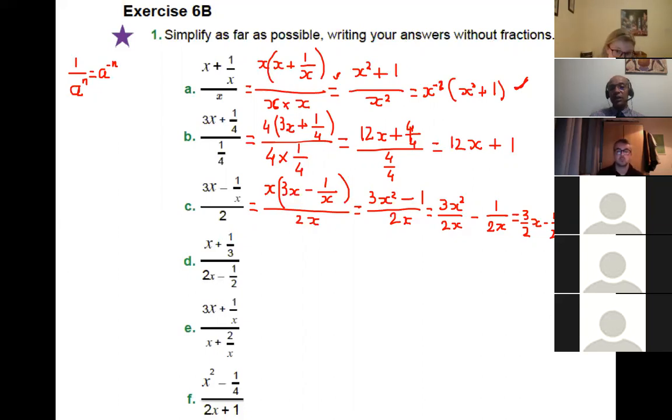If I was being pedantic, I would rather keep 3 over 2 and 1 over 2. They're just trying to get you to simplify a fraction. To be honest, leaving it as 3x squared minus 1 divided by 2x is probably enough if you were to use that in an application.